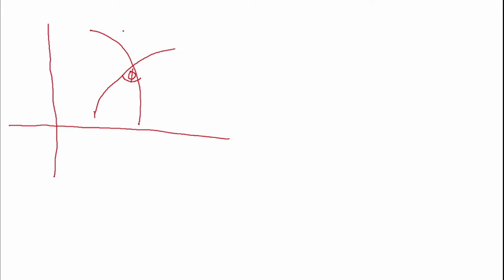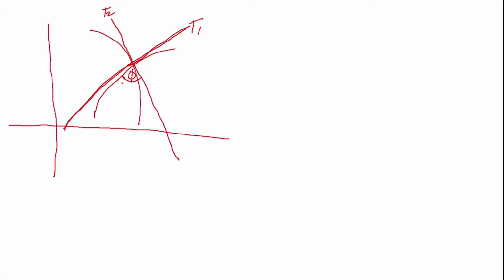If we get the tangent of this one, this is tangent 2, and this is tangent 1. So we have to find the slope of curve 1 and the slope of curve 2.